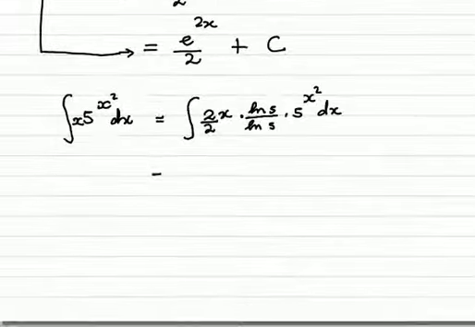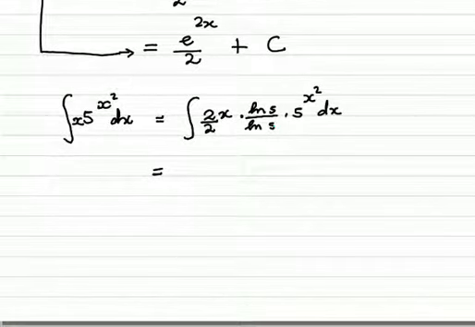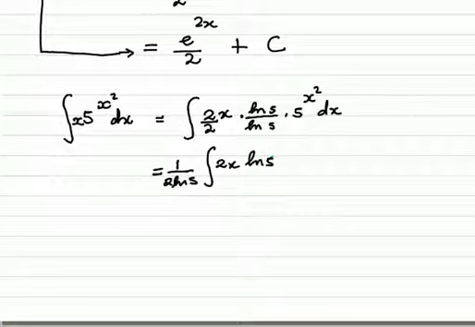So we will now factor out all that is redundant from the integral sign, which will be 1 over 2 ln 5, and then the integral will be given with 2x, which is the derivative of the argument, ln 5, which is ln of the base, and 5 to the power x squared dx.